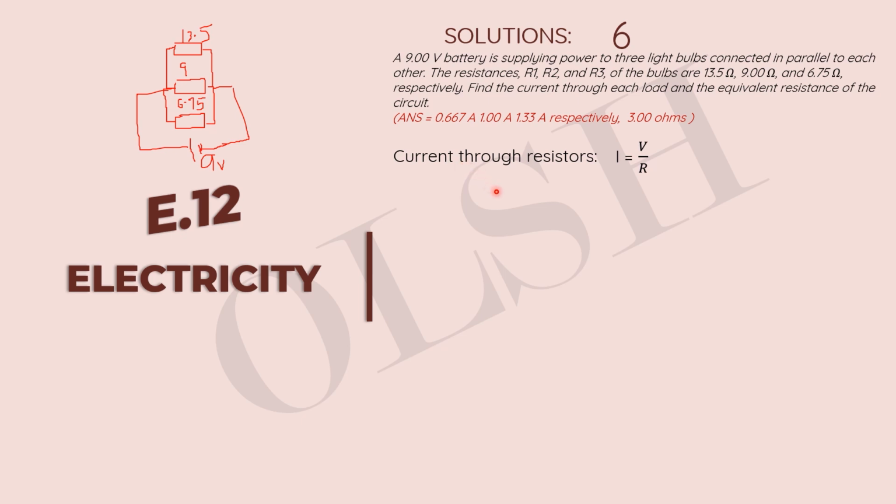So our first step will be, we remember the formula for finding current. It's voltage over resistance. So for R1, which is 13.5 ohms, we have voltage to be 9 volts. The voltage across it is 9 volts. You can see this point of the resistor is connected to the positive of the battery, and this point is connected to the negative of the battery.